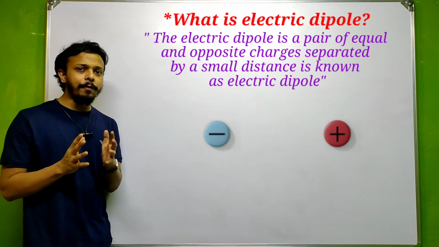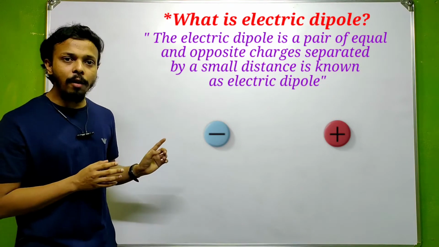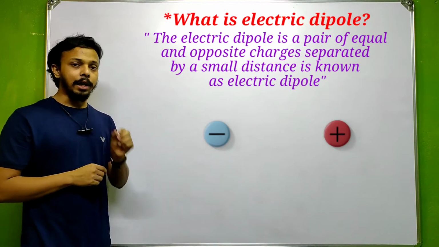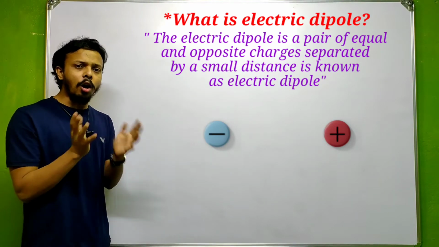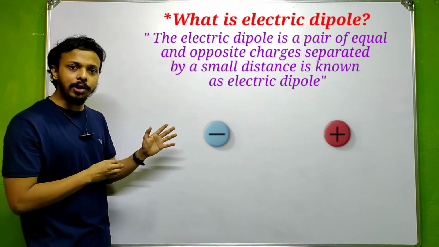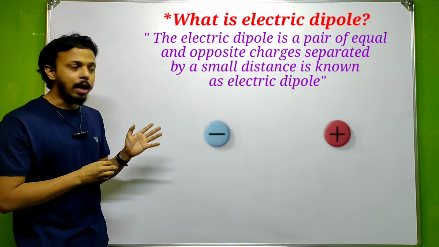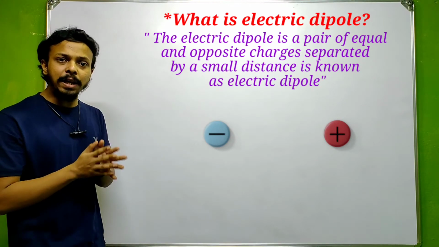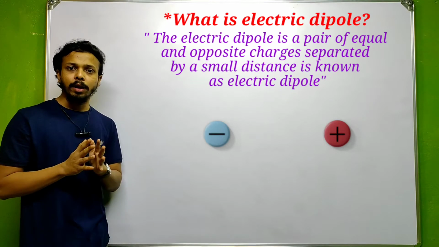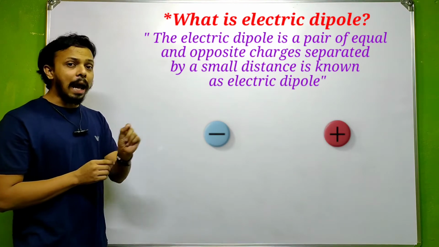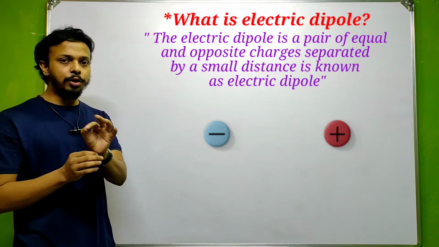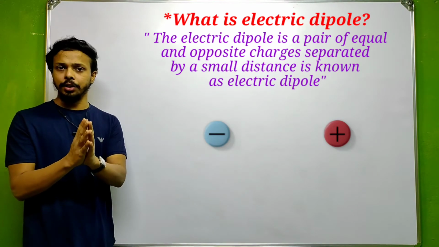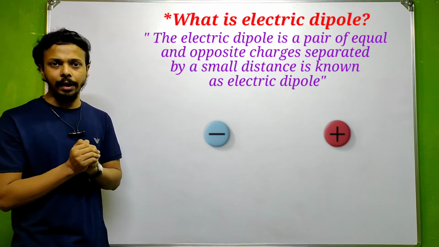So from the definition you can see, it is a pair of equal and opposite charges. Equal in the sense they should have the same magnitude. It is not like the negative charge has minus 5 microcoulomb and the positive charge has plus 4 microcoulomb. It is not like that. Because electric dipole has its own particular, standard definition, and according to that, electric dipole is designed.